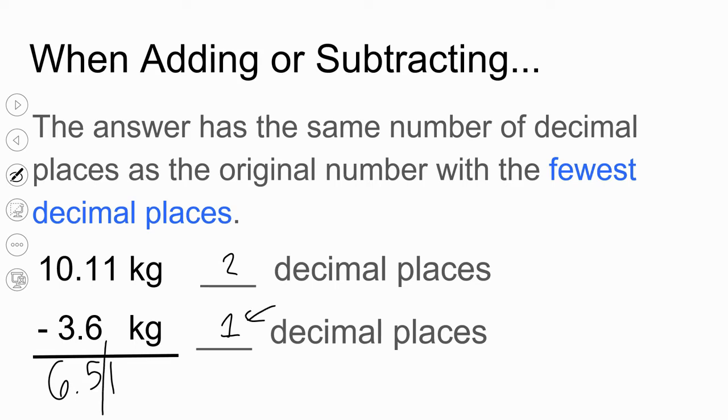So then I look at this one. Because the number I'm going to drop is less than 5, I just keep the 6.5. I just drop that. I'm just rounding. Anything below 5 is dropped.